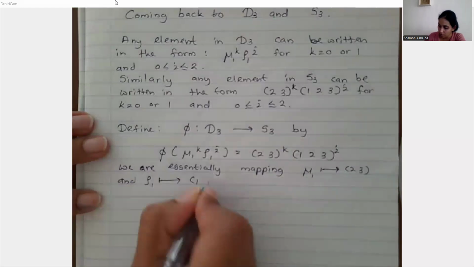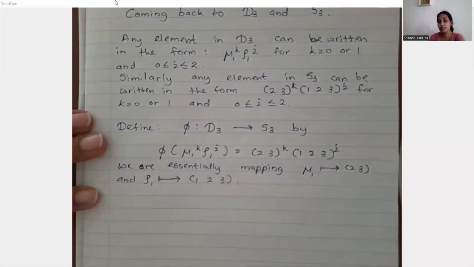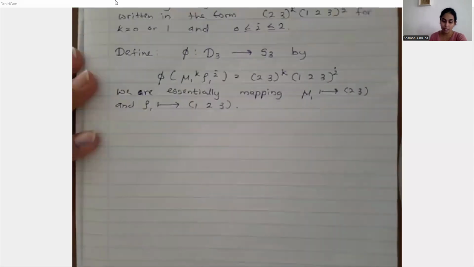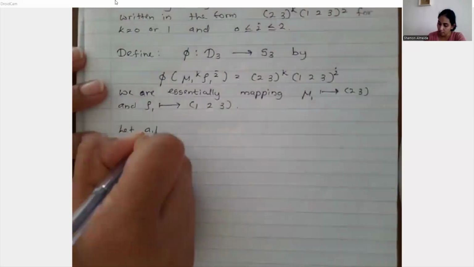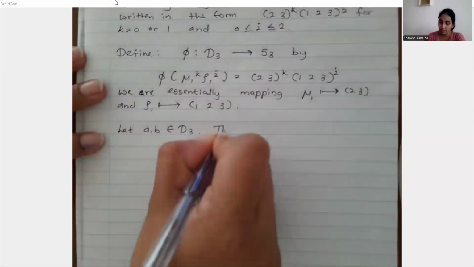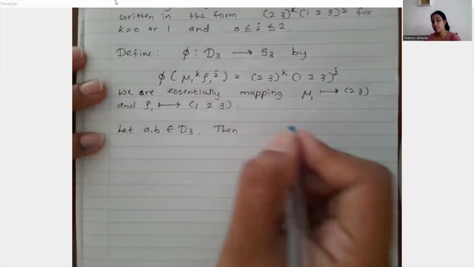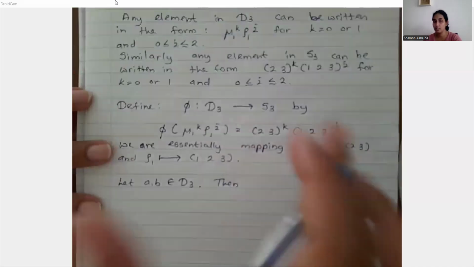Now, to show that this is indeed a homomorphism, we have to take any two elements from D3. So let's take a and b elements from D3. Any element in D3 is written in this form.